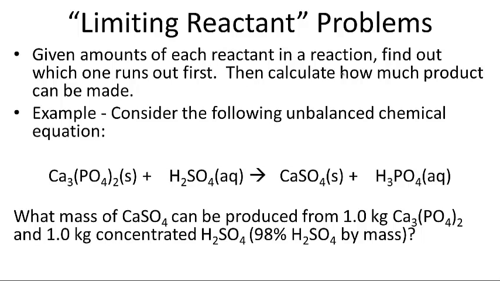The way I tend to do this is I calculate the amount of product that I could make from the first reactant. I calculate the amount of product that I could make from the second reactant, and then I choose the smaller number. There are other ways to go about solving a limiting reactant problem. But that's the way I tend to do it.